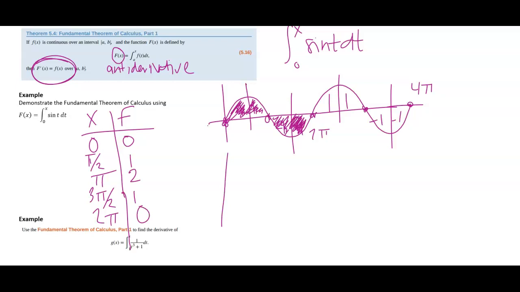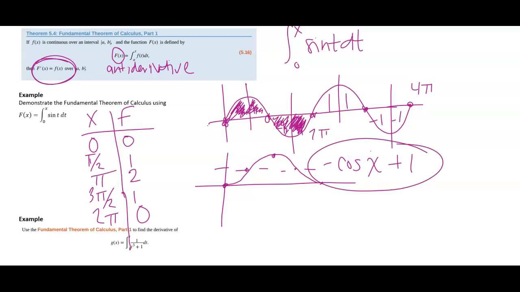So if I were to graph big F, I would have 0, 0; pi over 2, 1; pi, 2; 3 pi over 2, 1; and 2 pi, 0, which is the negative cosine of x graph, moved up 1.